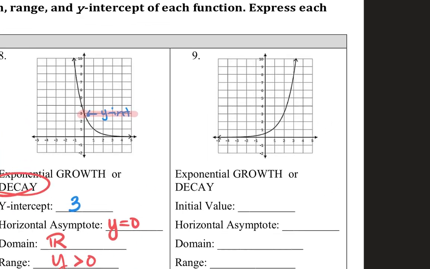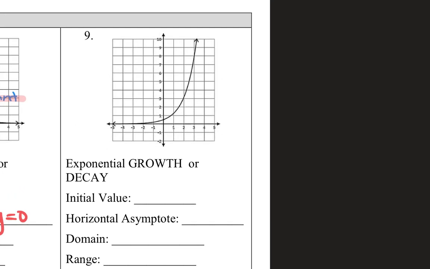All right, so looking at number 9, did y'all pick growth or decay? Growth, good job. Our initial value is going to be what? 0.5 or a half, right? We're estimating that because we don't know the exact value. So this is your initial. It's also your y-intercept. So either a half or 0.5, either decimal or fraction form.